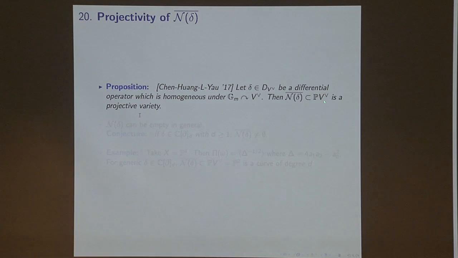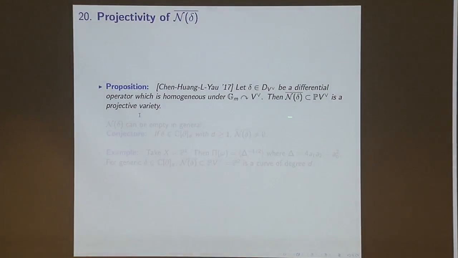I could use that to control the limit points of the set N delta, and one can show that the limit points are also defined by analytic functions, and therefore by Chow's theorem, the closure will be guaranteed to be a projective variety in P V check. So for every differential operator delta, you get a projective variety.